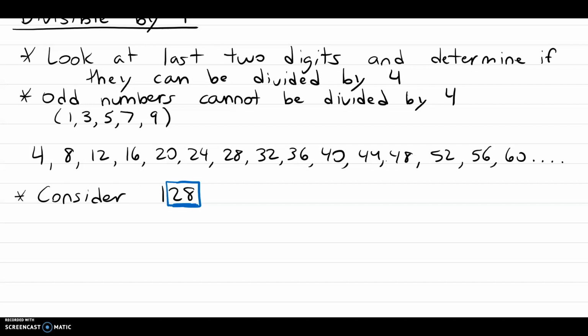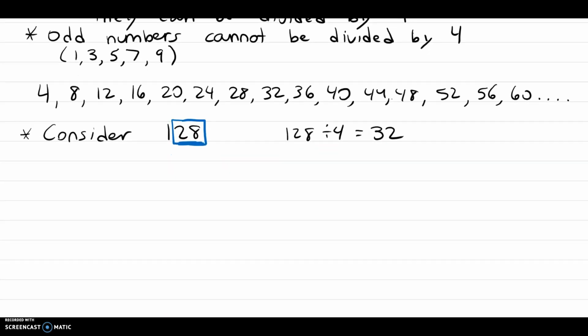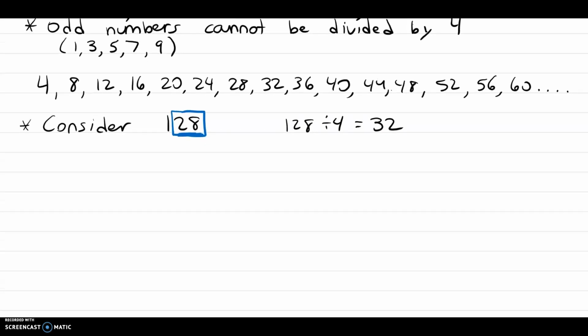So this is divisible by 4. 128 divided by 4 would give you 32. So the easy way to tell is always just divide the number, and if you get a whole number, that means it's divisible. If you get a decimal, that means that it's not divisible.